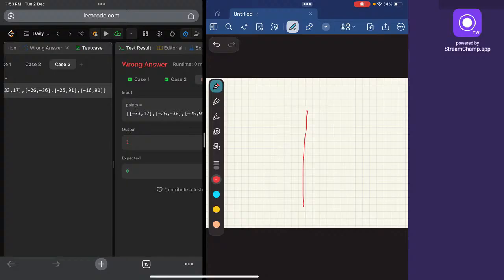No, zero graphing skills. Yeah, minus x. First point will be, let's assume this is 17, and minus 33 here. So A point is here. Another point is minus 26 around here, and 36 here, B point, and the other point is 91.